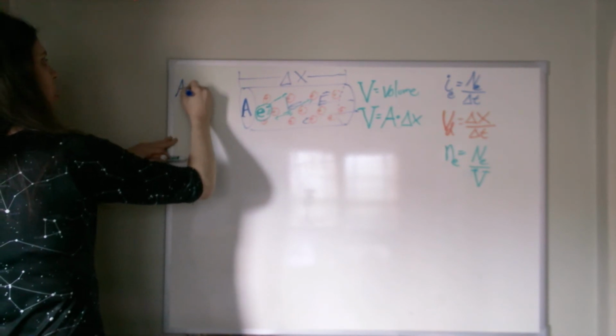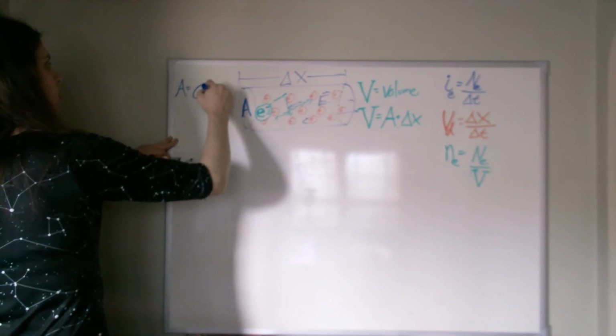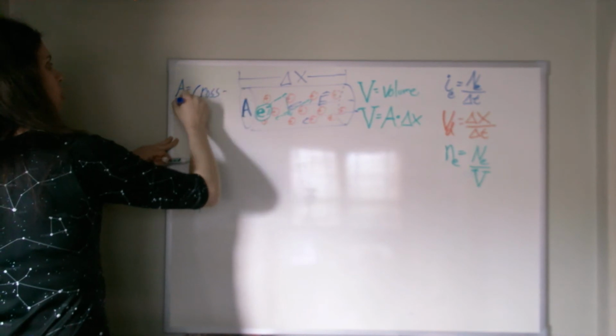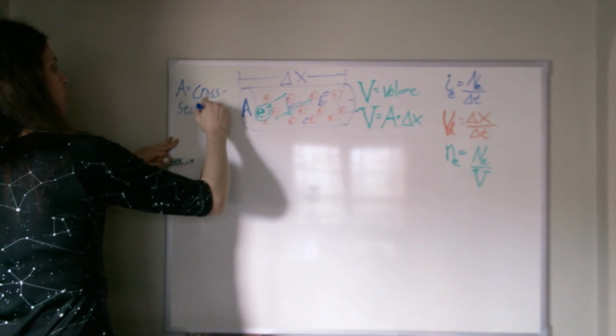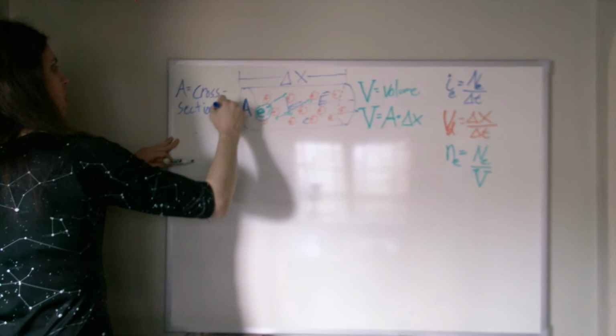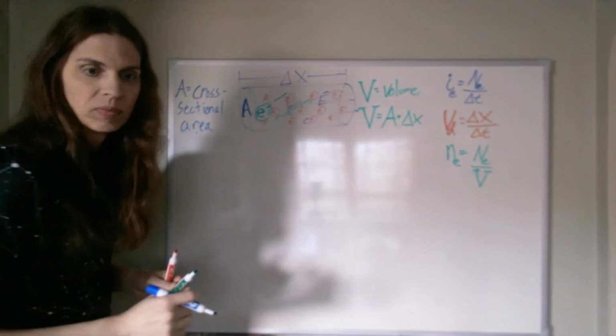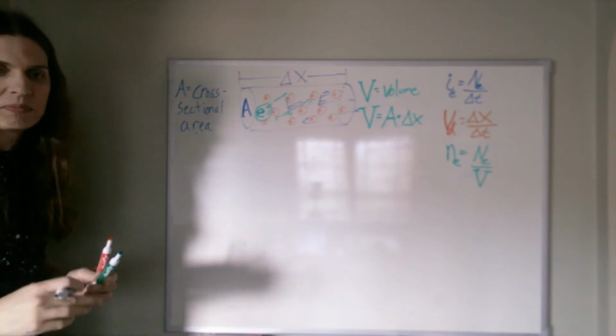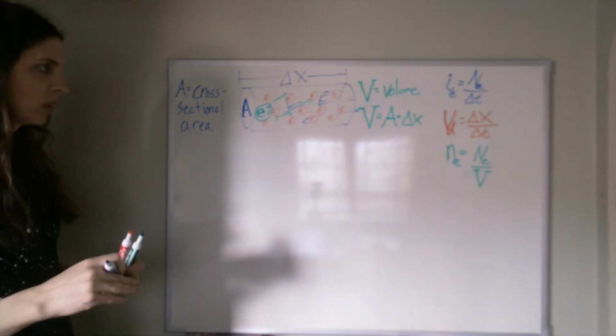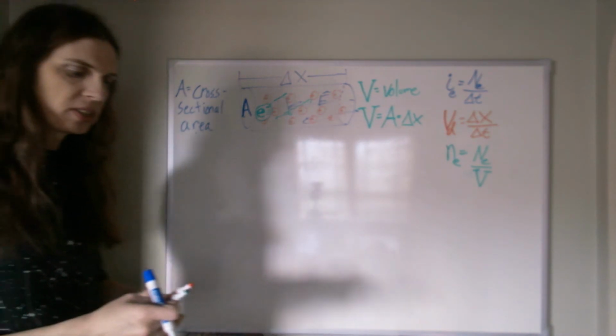A is our cross-sectional area for our wire. Okay, so we have all these lovely things.